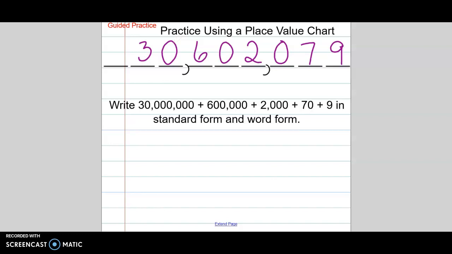And it's easier to go from standard form to word form, at least for me, so that's where I like to start off. I can see that there's 30,602,079 that I have to write out in word form.